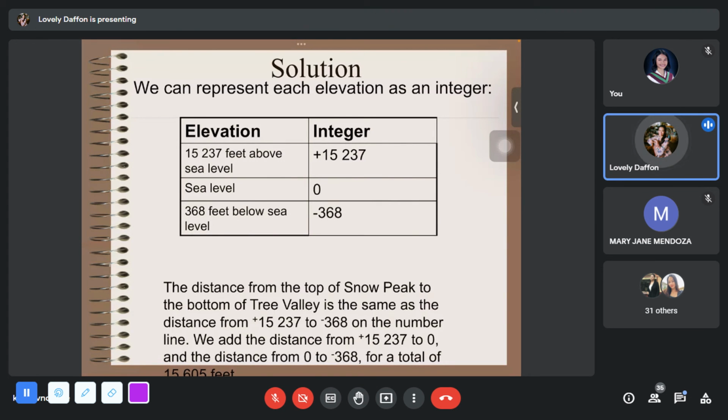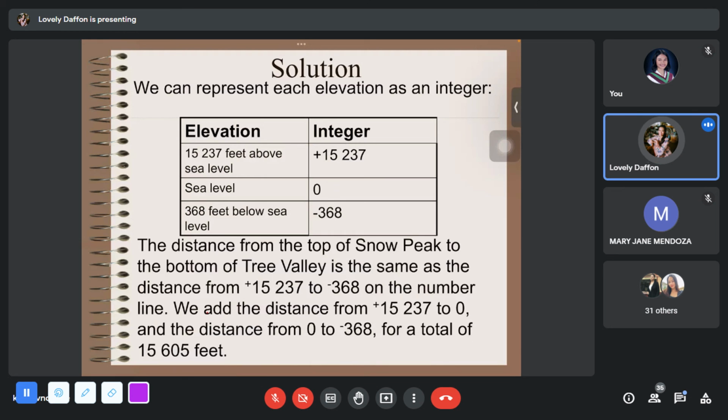So we add the distance from 15,237 to 0 and the distance from 0 to negative 368, for a total of 15,605 feet. So therefore, our answer is 15,605, because we only need to add 15,237 and 368.